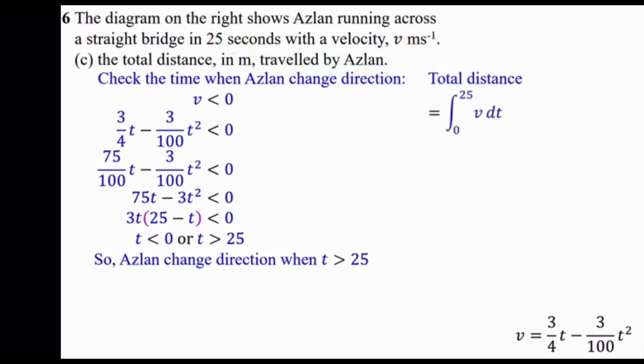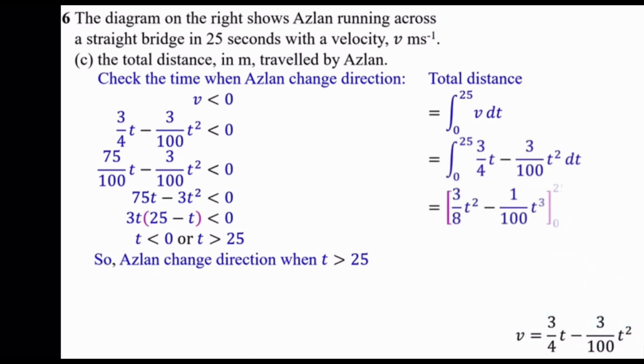So we need to find the displacement from 0 to 25. Because we don't have the displacement function, we need to integrate the velocity to get the displacement function, and then we will substitute the time from 0 to 25. After we integrate the velocity, we get a function of displacement.